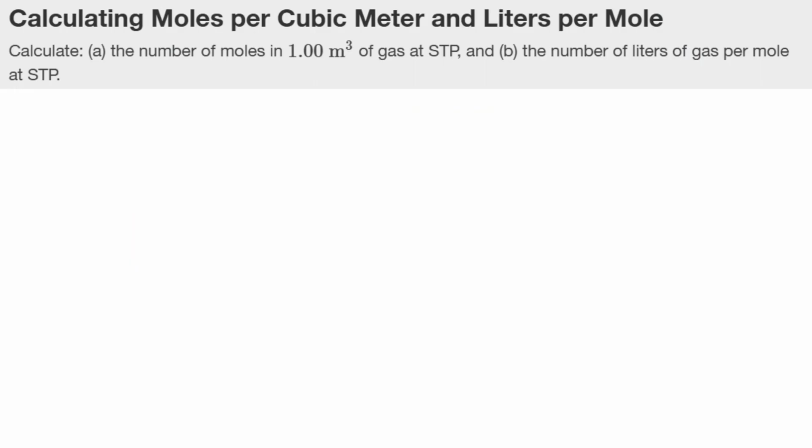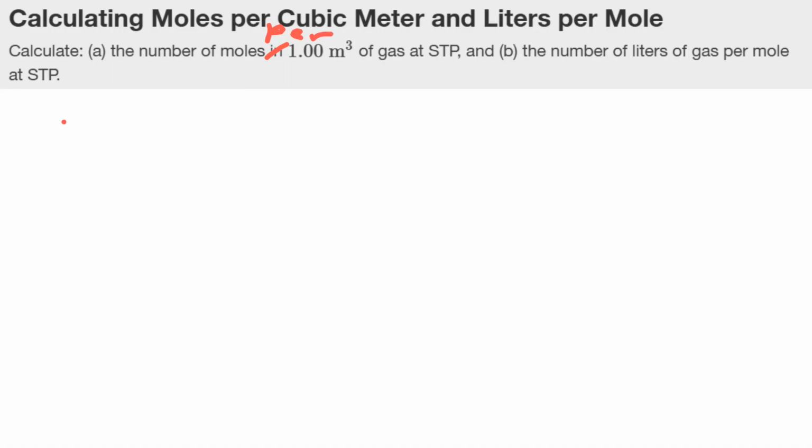It says calculate the standard number of moles in 1 cubic meter of gas at STP. And then part B is find the number of liters of gas per mole at STP. Okay. Remember that the number of moles in 1 cubic meter, you could replace this with per.